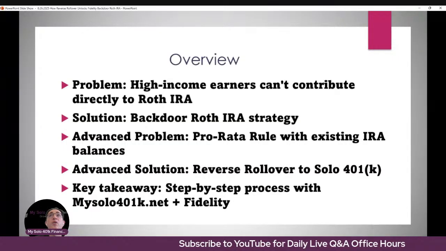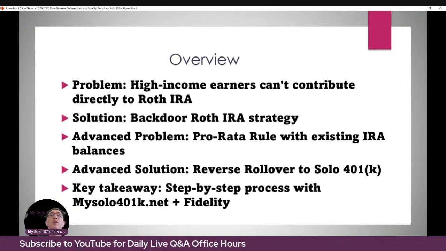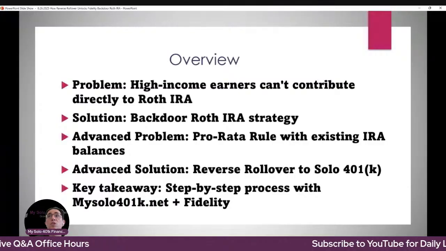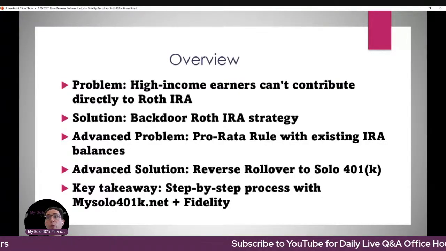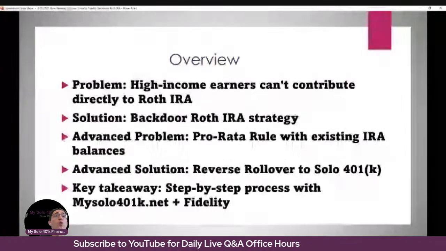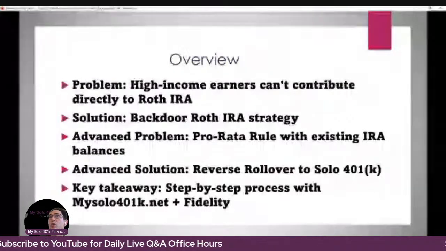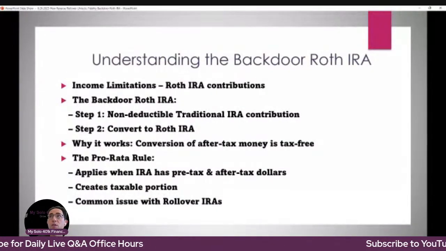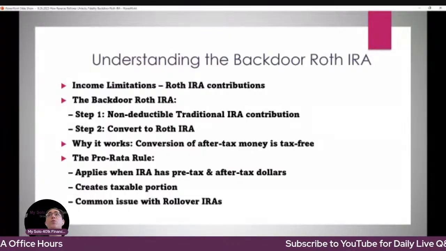So in that scenario, making that backdoor Roth IRA contribution will end up causing a taxable event. So an advanced solution is a reverse rollover to a solo 401k. So we want to go over that process step by step and how it works with my solo 401k Financial and Fidelity specifically. So let's first lay the foundation with understanding the backdoor Roth IRA.